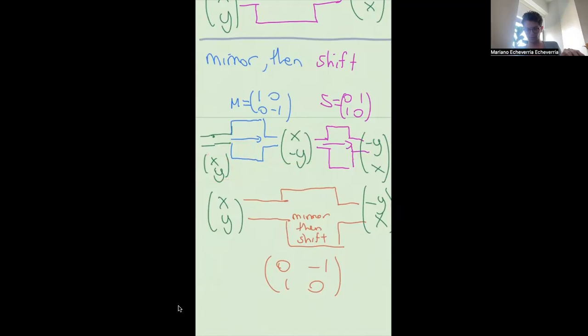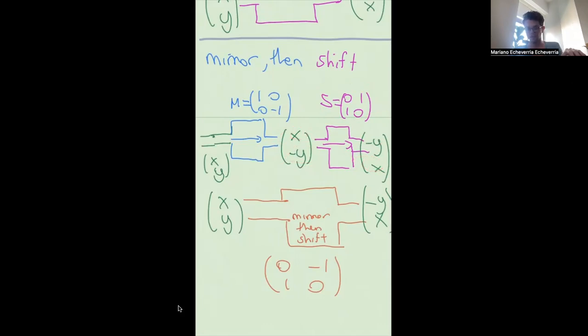You look at its mirror. The mirror, if you remember, was just changing the sign in the second entry. So that's why you get that, right? And what I'm saying is to think of feeding that into the second machine. The second machine just shifted the entries, so the second entry became the first one and the first entry became the second one, right?